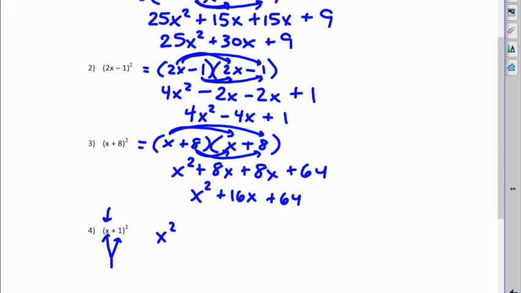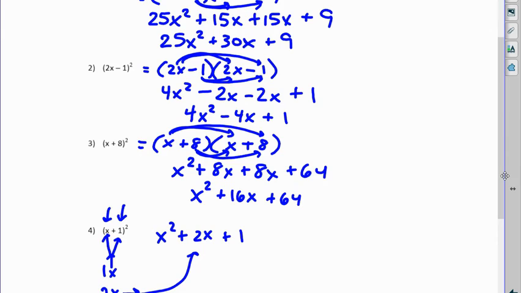Multiply that inside and outside and then double it, so 1x, but then I need to double it, so that makes it 2x. That's going to be what we're going to have. It's going to be a positive, and then square the last term, plus 1. That's a trick that some people use to reduce the amount of work that they have to write.